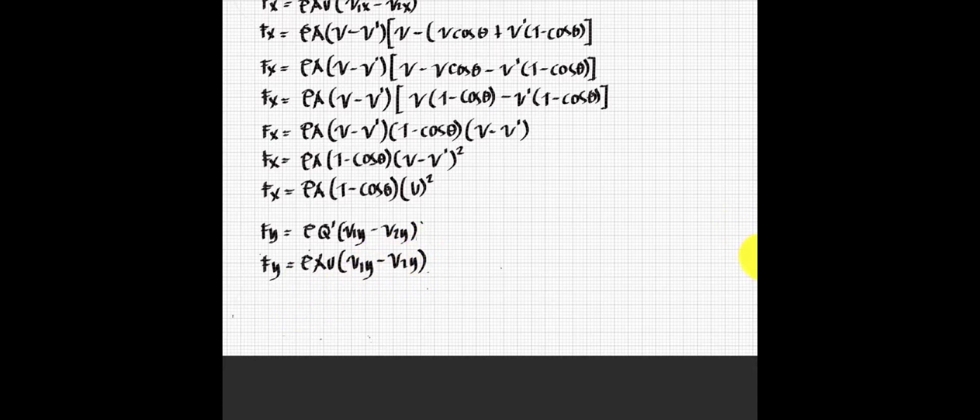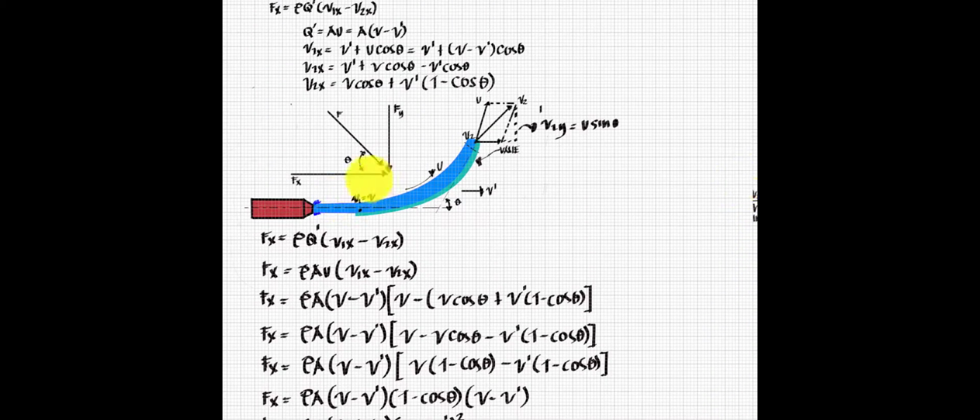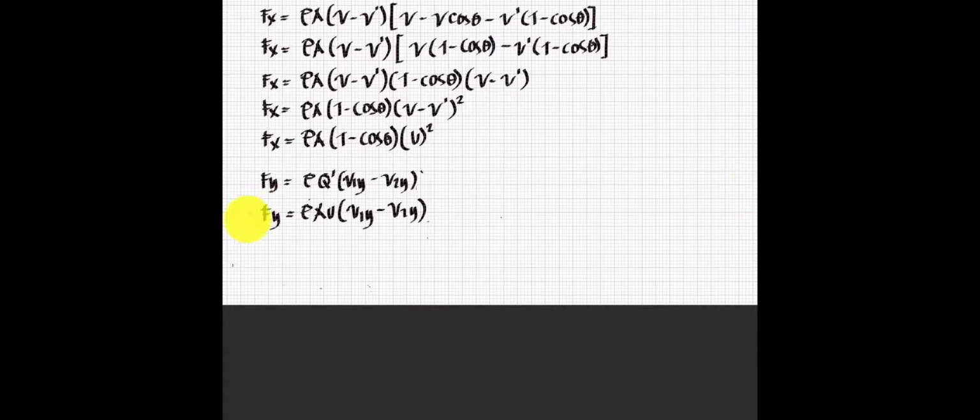Okay, since the y component at this point is 0, we don't have the y component for that. So we can rewrite our equation of F y as your density, area, and we can also express this one later.